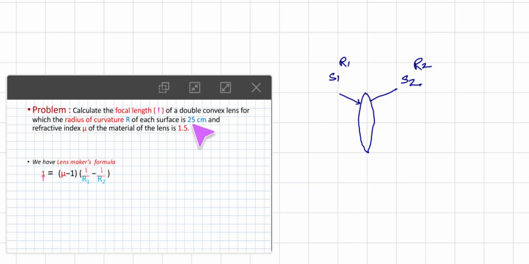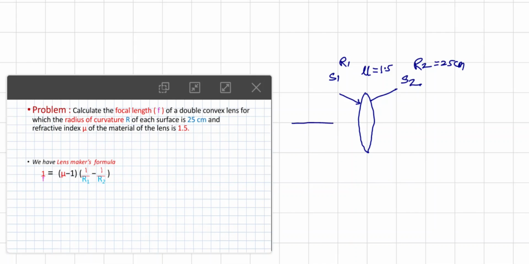The value of both radii of curvature is 25 centimeter, which is given. And the refractive index mu of the material of the lens is 1.5, it is given. Now we have to calculate the focal length.